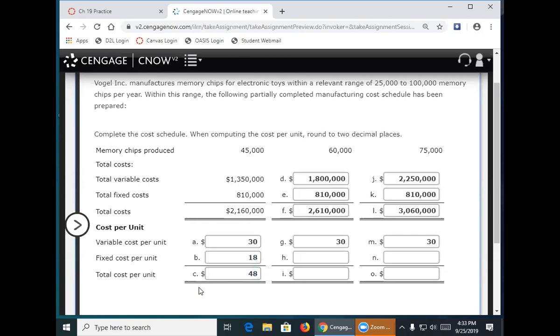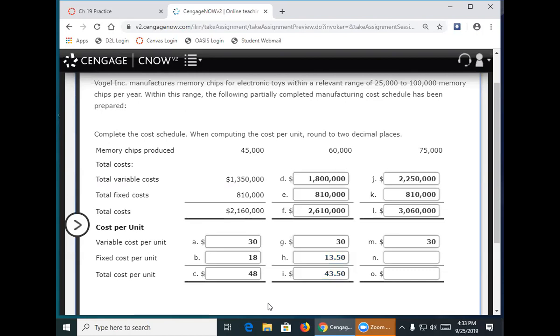If I produce 60,000, my fixed cost per unit changes. I now have 810,000 divided by 60,000 units, which is $13.50. So that drops my total cost per unit to $43.50. So the more units we produce, our total unit cost is going down. Makes sense, right?